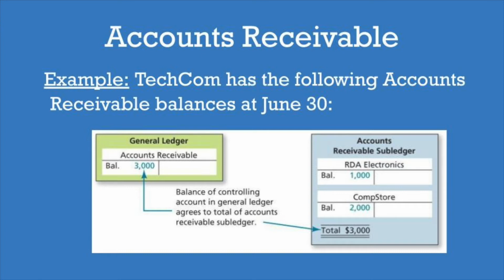This is where we can see the match-up between the specifics of the subledger, who owes us the money, usually it's aged as well, but effectively we can see that the sum of all of the subledgers will equate to the general ledger amount in accounts receivable.